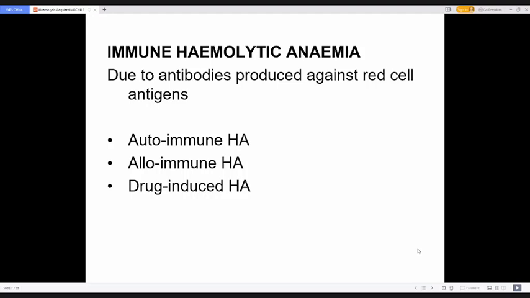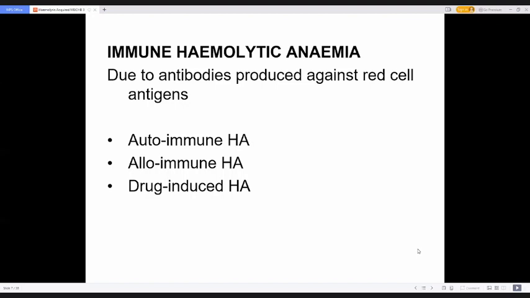So drugs and incompatible blood transfusion are good examples of alloimmune hemolysis, because the alloimmune antibodies have been produced against an external provocation by introduction of foreign proteins which are on, let's say, the red cells or the drugs, right?